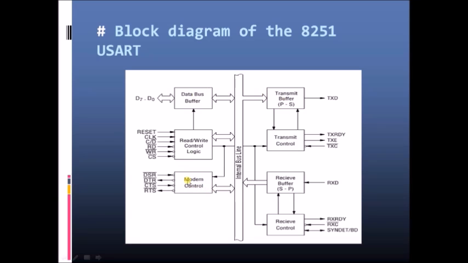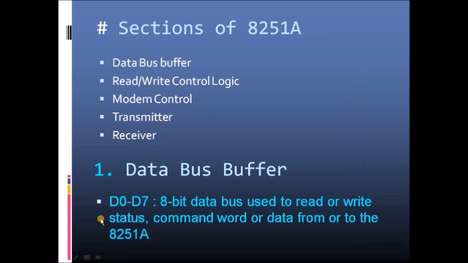Apart from these, one internal bus is connected to all these blocks, and then we have a parallel to serial converter while transmitting, and a serial to parallel converter while receiving. We have a transmit control block and a receive control block which control the operation of the transmit buffer and the receive buffer. Let us see them in detail.